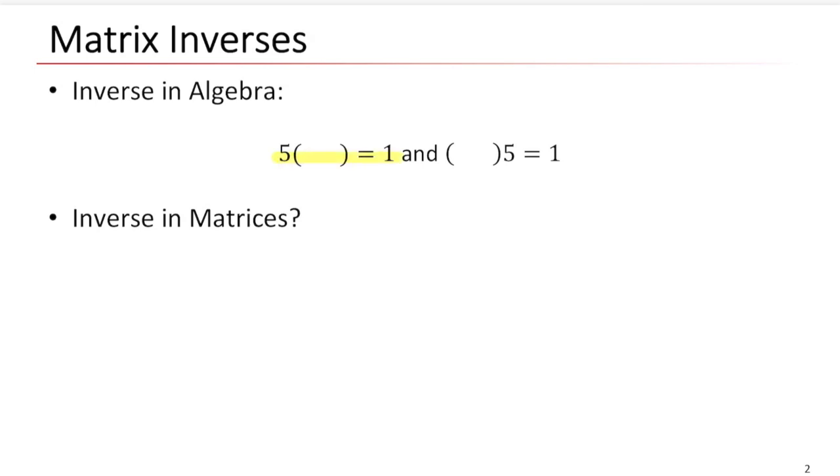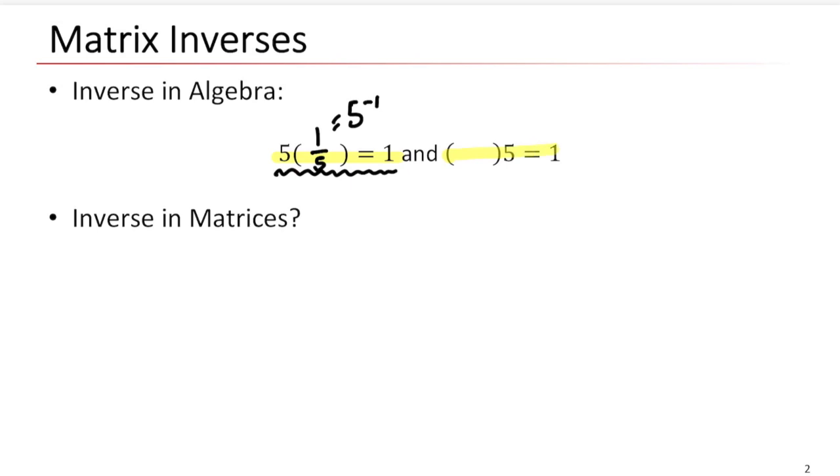There's the integer 5, and what makes this equation true? 1 over 5, or 5 inverse, something like this.